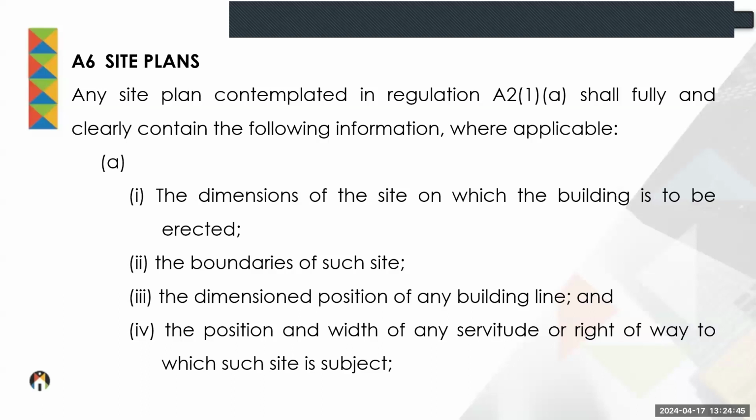Sometimes I'm being asked to look at drawings submitted to local authorities, and when you look at what is being submitted, there is a lack of information: the dimensions of the site on which the building is to be erected, the boundaries of the site, the dimension and position of any building line, and the position and the width of any servitude or right of way to which such a site is subject.